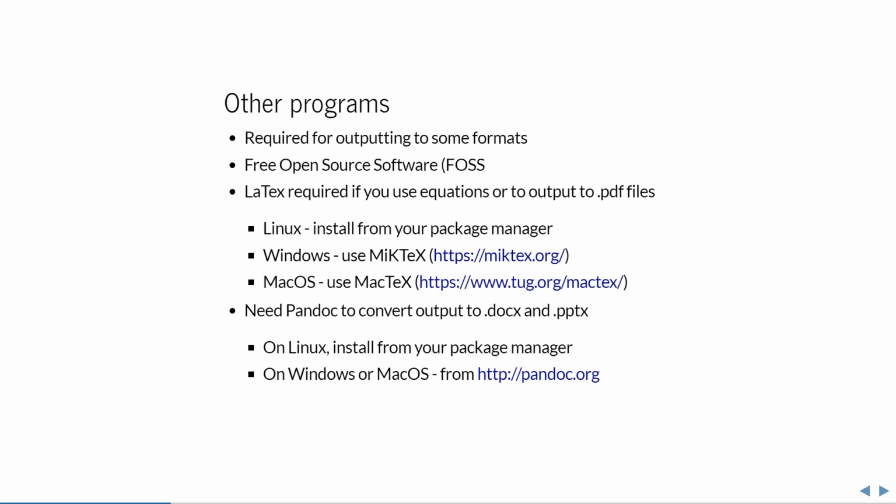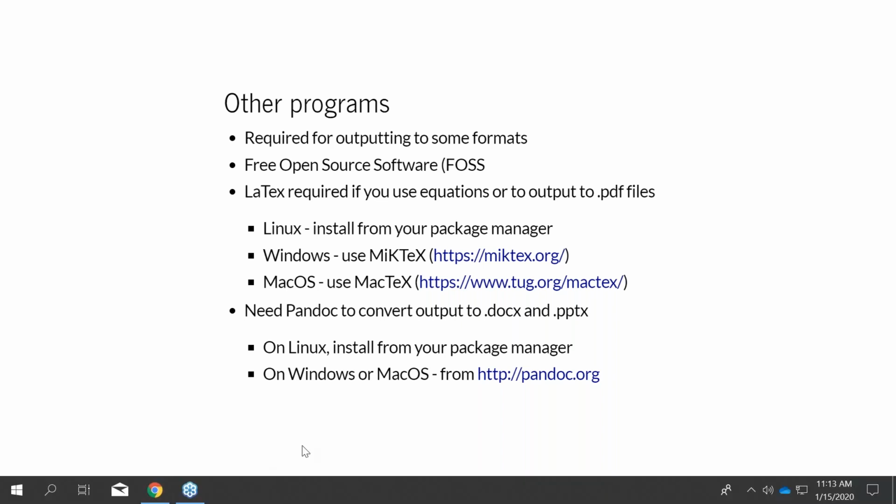And so you're going to have to install LaTeX on your system. On Windows, you can use MiKTeX, and on Mac OS, you can use MacTeX, and you can download them from there. These are big programs. They do take up a lot of space. LaTeX has about a gazillion add-in packages, and they do take up quite a lot of space on your computer.